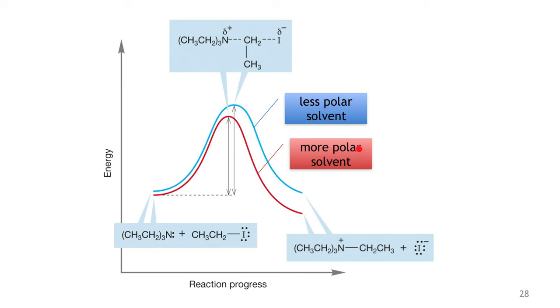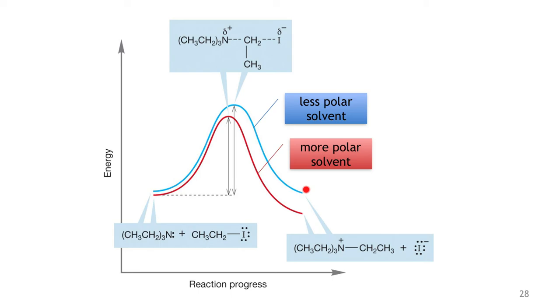If we had a more polar solvent, it could interact more strongly with these partial charges and we would have a lower energy. If we had a less polar solvent, it would interact less with the partial charges and we'd have a higher energy. So the result would be the reaction would be faster in the more polar solvent. You might also find that the reaction would be more favorable in the more polar solvent because in this case we're forming ionic products.